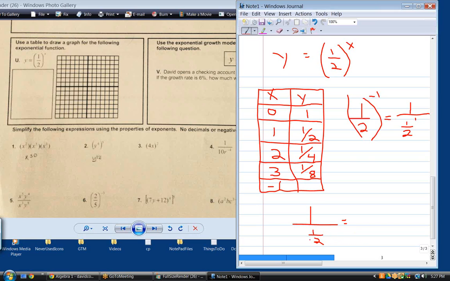You reciprocate the bottom and multiply. So that's equal to 1 times 2 over 1, which is equal to 2. So 1/2 to the negative 1 power is equal to 2.